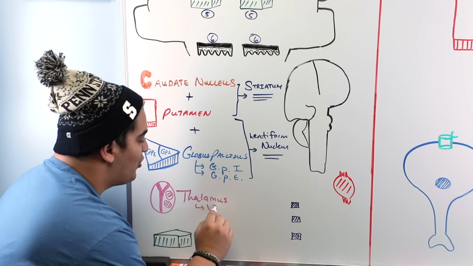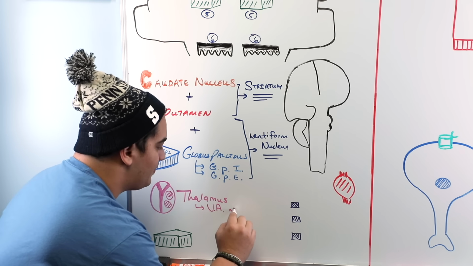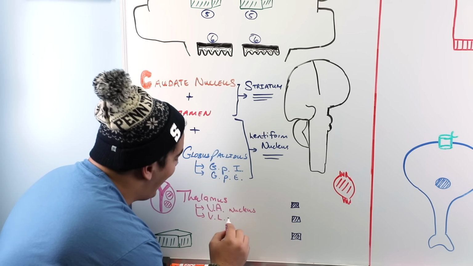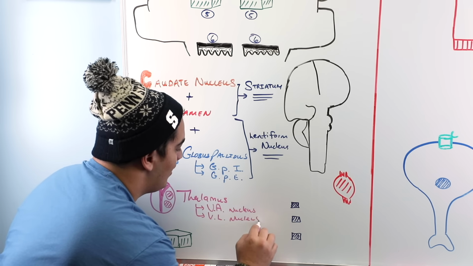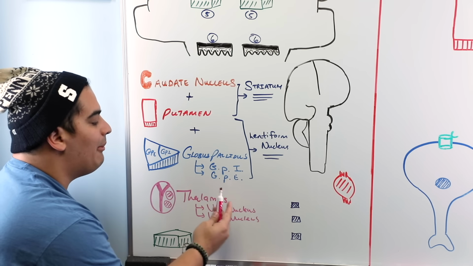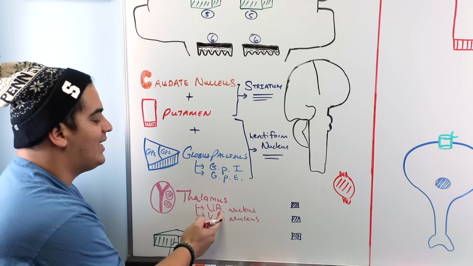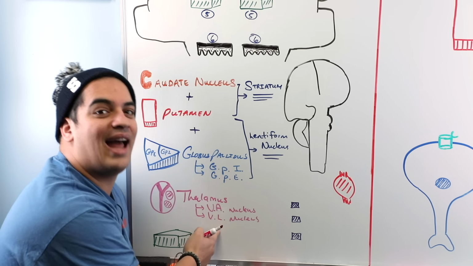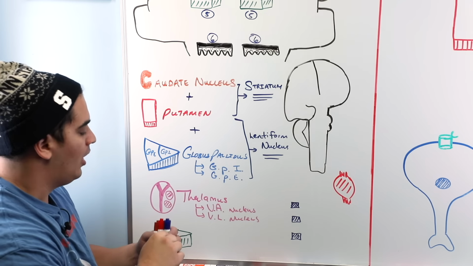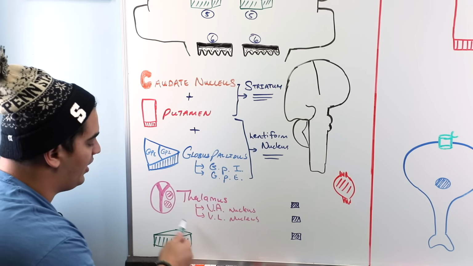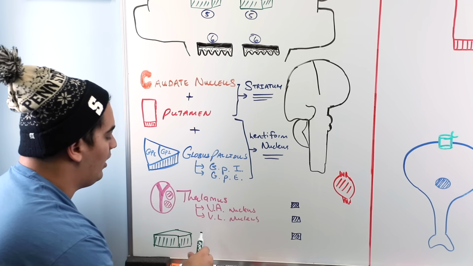It was the ventral anterior nucleus of the thalamus and the ventral lateral nucleus of the thalamus. So when we say that the thalamus is a part of the basal ganglia, if we're really being particular, it's actually the ventral anterior and ventral lateral nucleus of the thalamus. All right, beautiful. The fifth component here of the basal ganglia is called what?